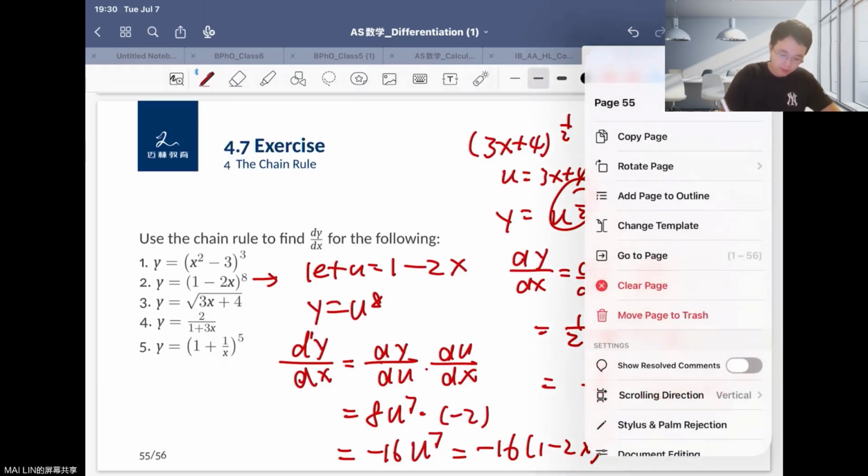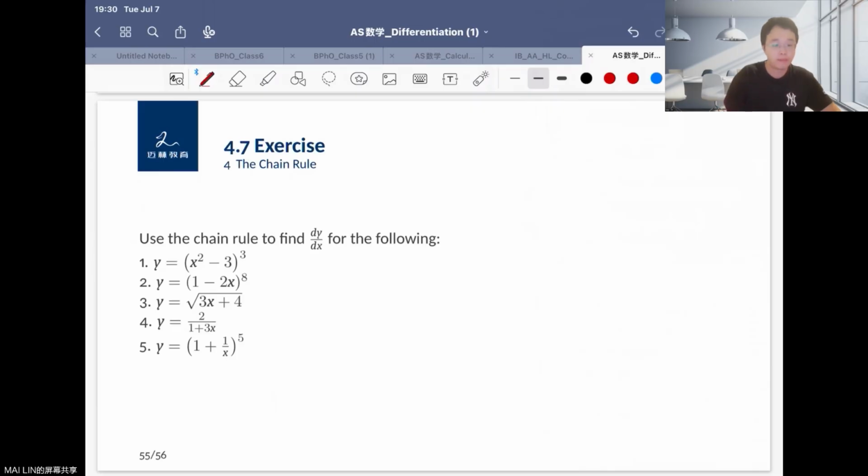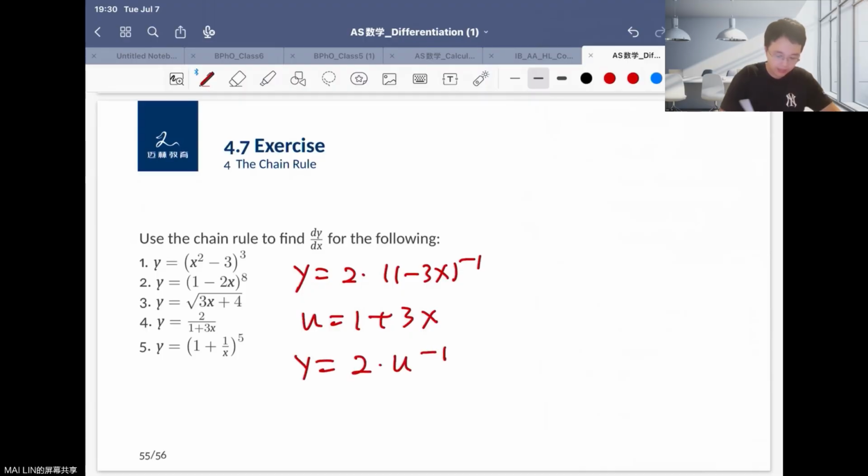And for the next problem, we can set y equals 2 over 1 plus 3x. So first we can write y equals 2 times (1 plus 3x) to the power of negative 1, and then consider u equals 1 plus 3x. So y equals 2 times u to the power of negative 1, right?